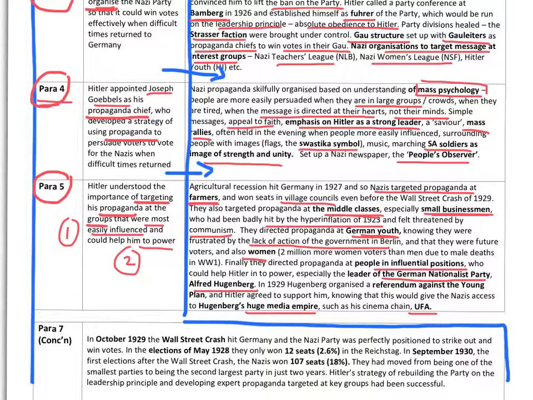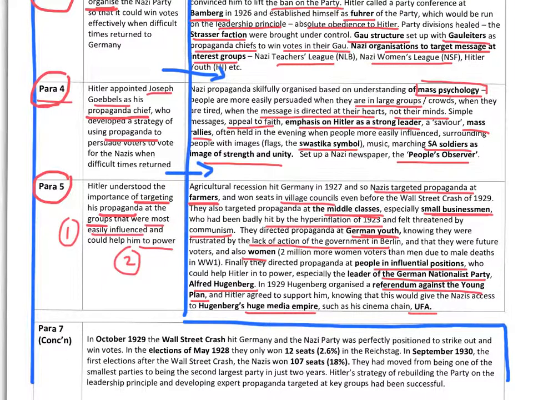That was because Hugenberg organised a referendum against the Young Plan, and so that gave Hitler and the Nazis a platform just before the Wall Street crash hit Germany, and he got Hitler's name in the newspapers literally at the right time, which they were able to tap into.